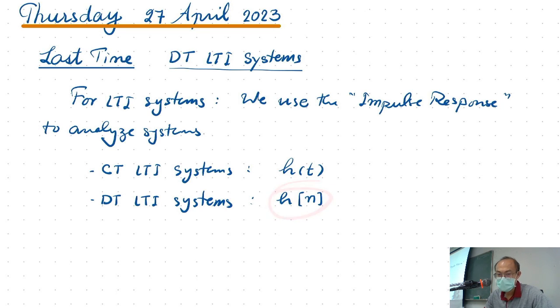So this is the impulse response of a discrete time LTI system. So in this chapter, since we're talking about discrete time, the form of the impulse response we'll be using is h bracket n.